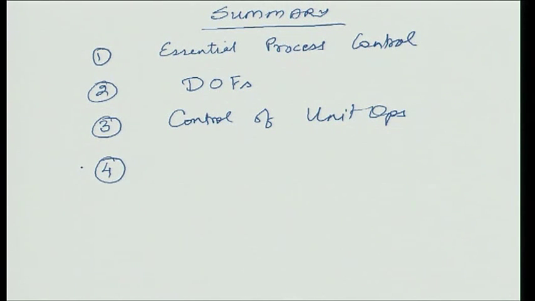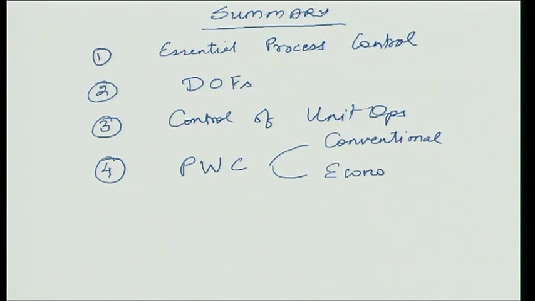Finally, we looked at plant-wide control, and what I have tried to show you is that there is a conventional approach, and then there is the economic approach with constraints.